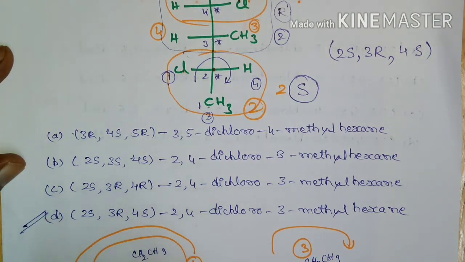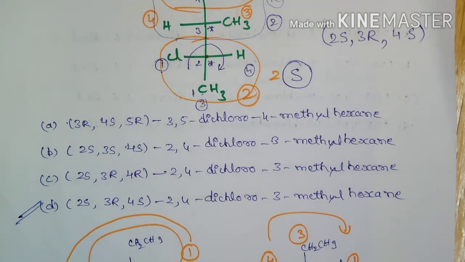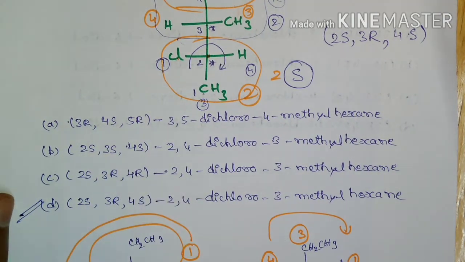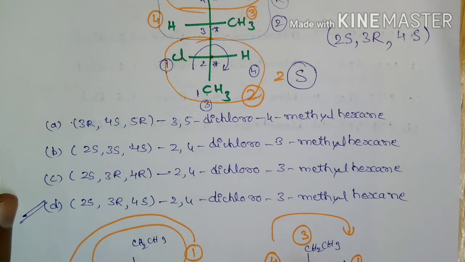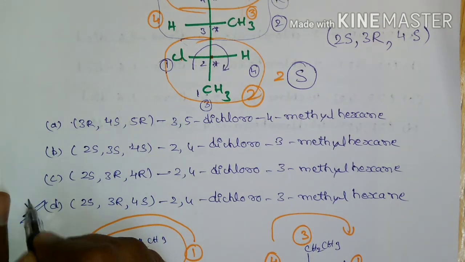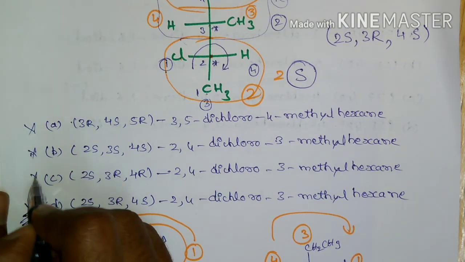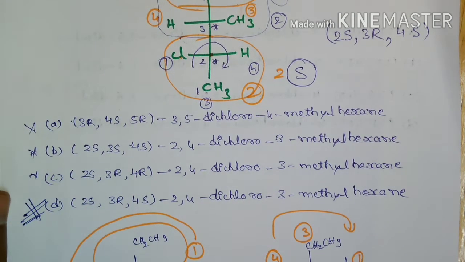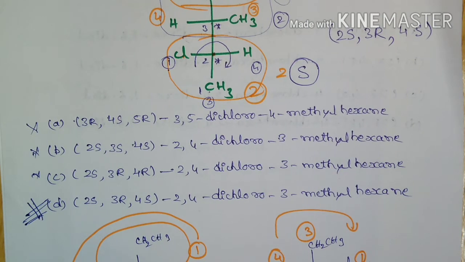In the D option we have 2S, 3R, 4S. In the remaining options we do not have any other configuration similar to this. So obviously this will be the correct answer, and the remaining are wrong.